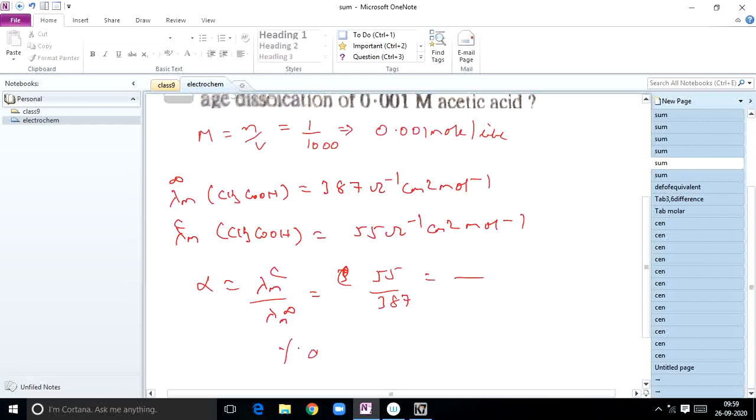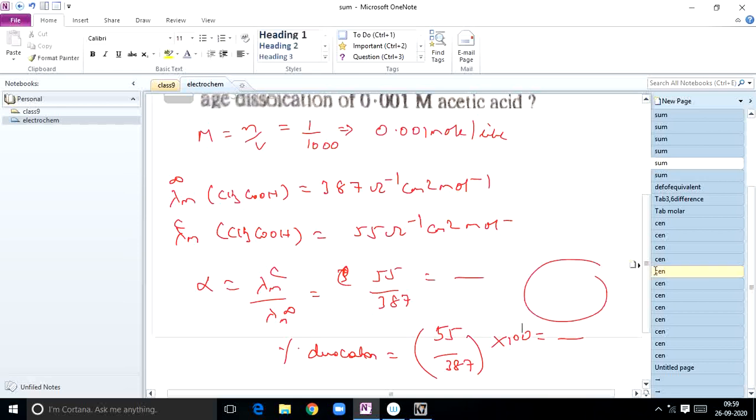Percentage dissociation is equal to 55 by 387 into 100. So you will get the answer. Approximately you will get 14.21 percentage. If you solve this, you will get 14.21 percentage. Easy model, dead easy model.